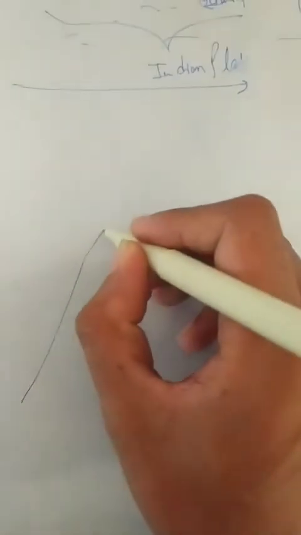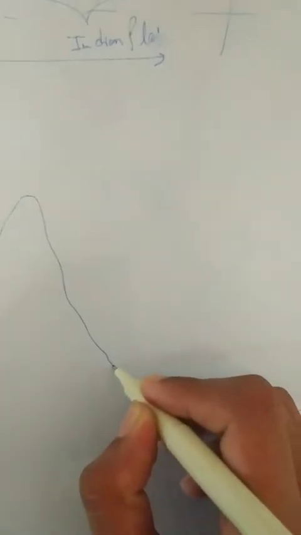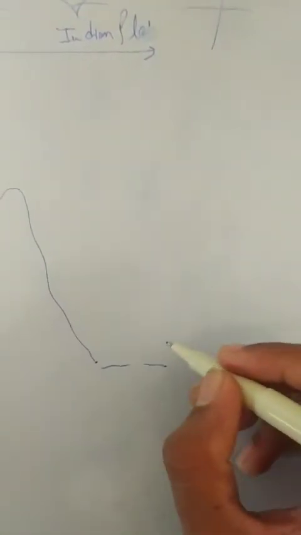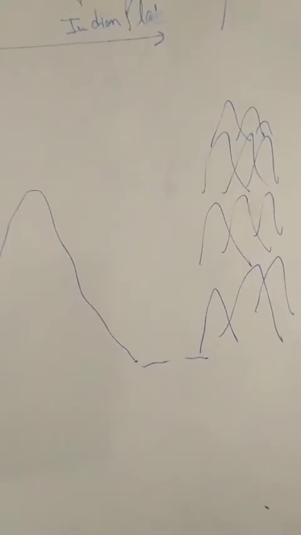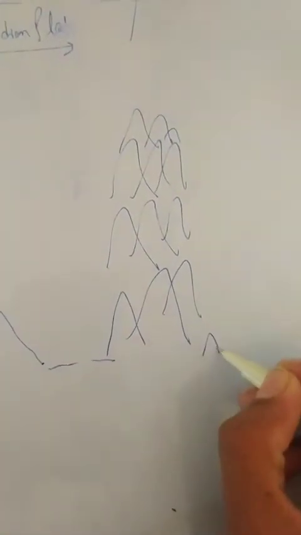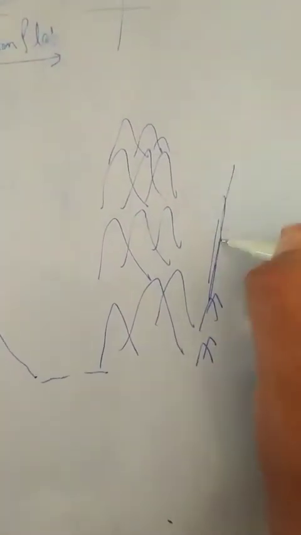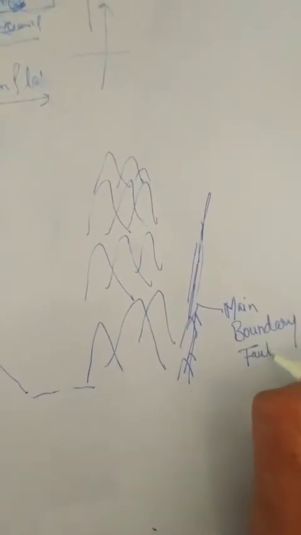So we can see this is the Great Himalayas, and besides this, a series of mountains emerged after the collision around 25 million years ago, around the Main Boundary Fault. The Middle Himalayas emerged.